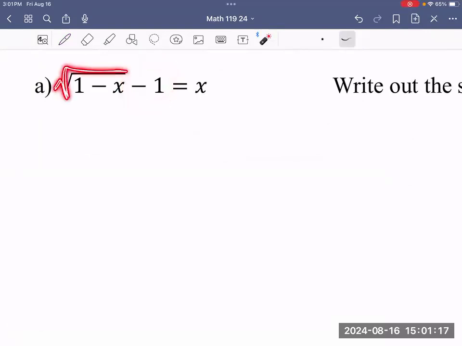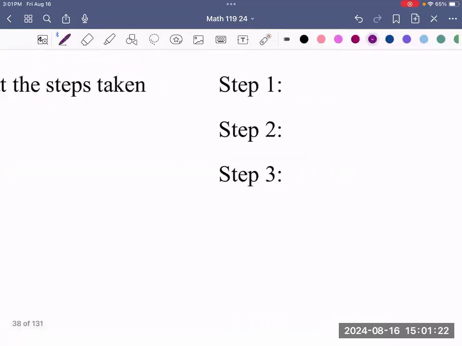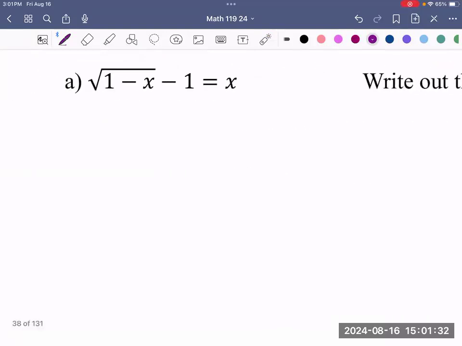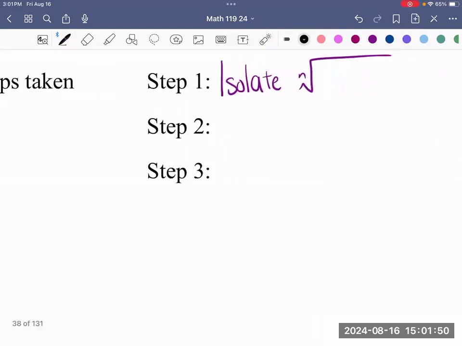We want to get your square root sign all alone. So step 1, we are going to isolate the radical. So isolate your radical. That just means we have to bring that 1 over to the other side. That way we don't have to get too crazy when it comes to FOILing. So now that it's on one side, step 2, we're then going to square both sides.